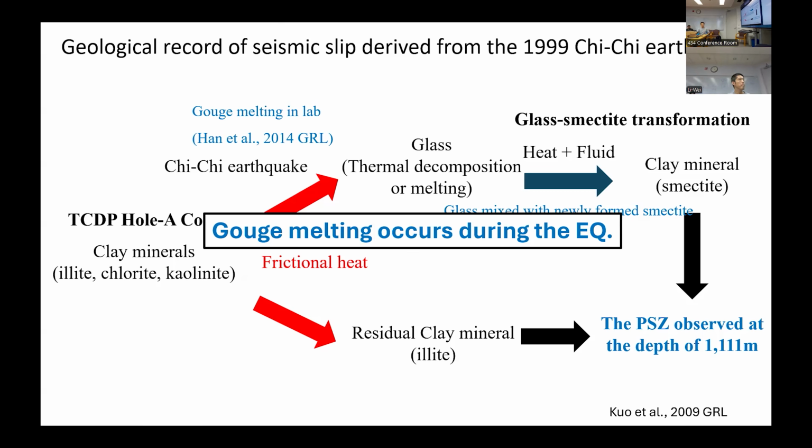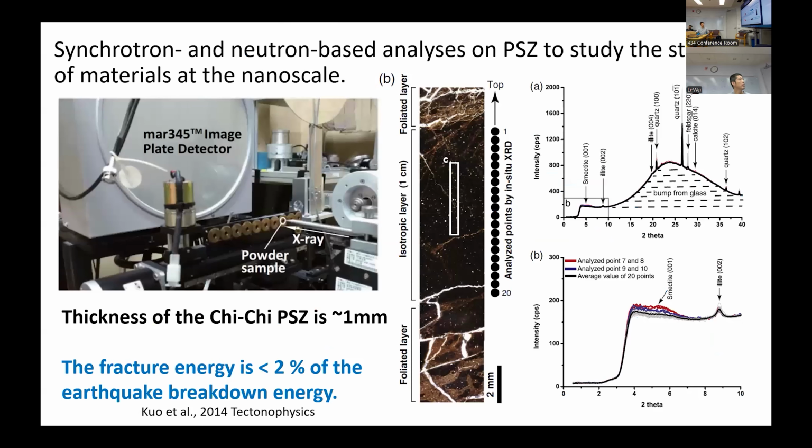So in our case, or in the TCDP case, we document that the gouge melting occurred during the earthquake, similar to the rock melting in the Shimoda-Takeda case. We try to say something about gouge. After we determine that process, we try to use it to retrieve some earthquake physics parameters.